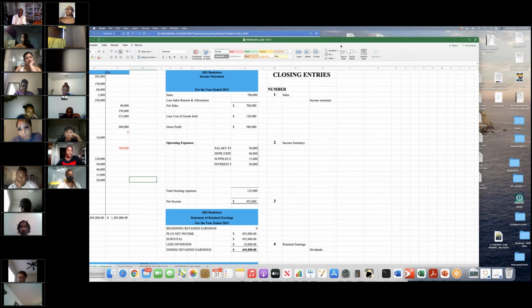There are 4 closing entries. We close out the revenue, we close out the expenses, we close out the net income, then we close out the dividends. So I put them here so you can easily see them. So we're closing out sales. What's the journal entry going to be? 700,000.